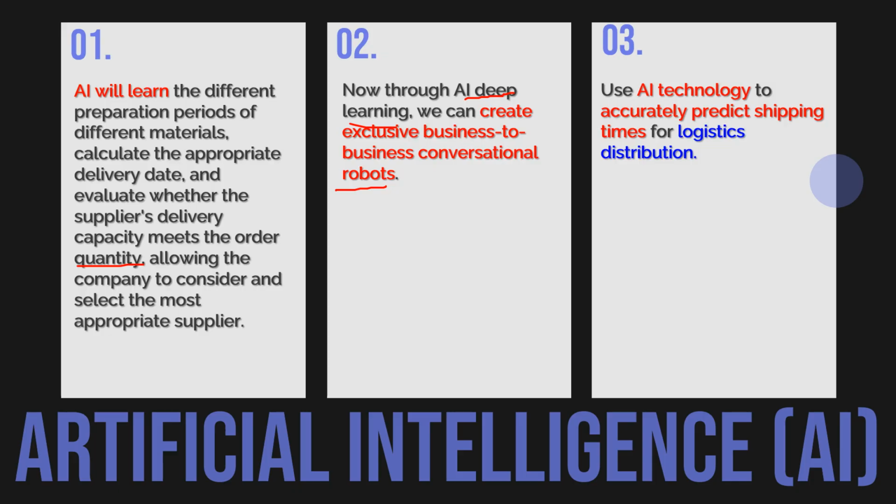And number 3, you can use AI technology to accurately predict shipping times for logistics distributions. For example, you use Shopee, they will tell you your product is in stock or on the way, right? On the way. Yeah, they call it logistics distribution.